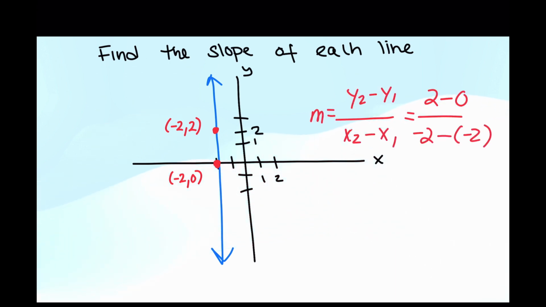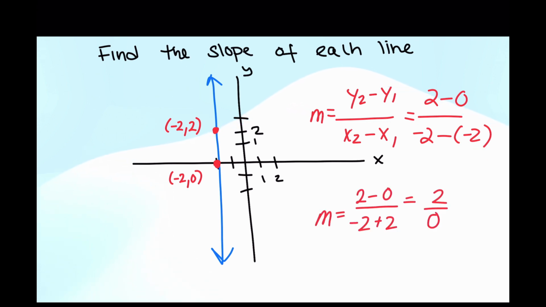So this means when we compute our slope, our change in y is 2 minus 0, and our change in x is negative 2 minus negative 2. 2 minus 0 is 2, but negative 2 minus negative 2, minus a minus becomes a plus.